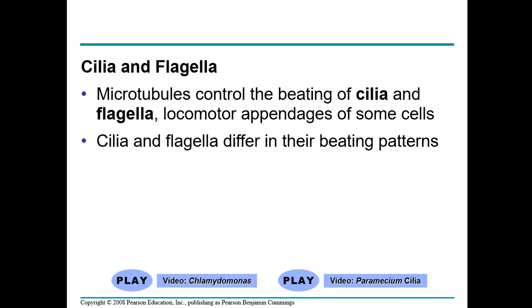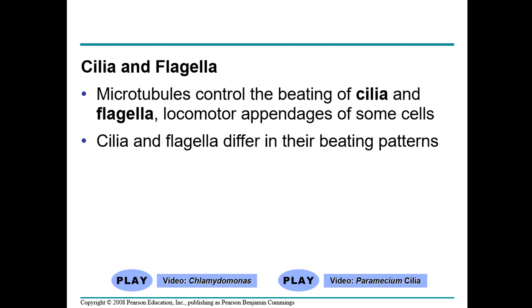Yung cilia naman, sabi ko nga, present siya sa small intestine natin, present siya sa linings ng ating tube papunta sa lungs. It's responsible, kung sa intestine, responsible siya for absorption of nutrients. Okay, so kasi diyan nakalagay yung mga absorbing mechanisms ng nutrients sa cilia.